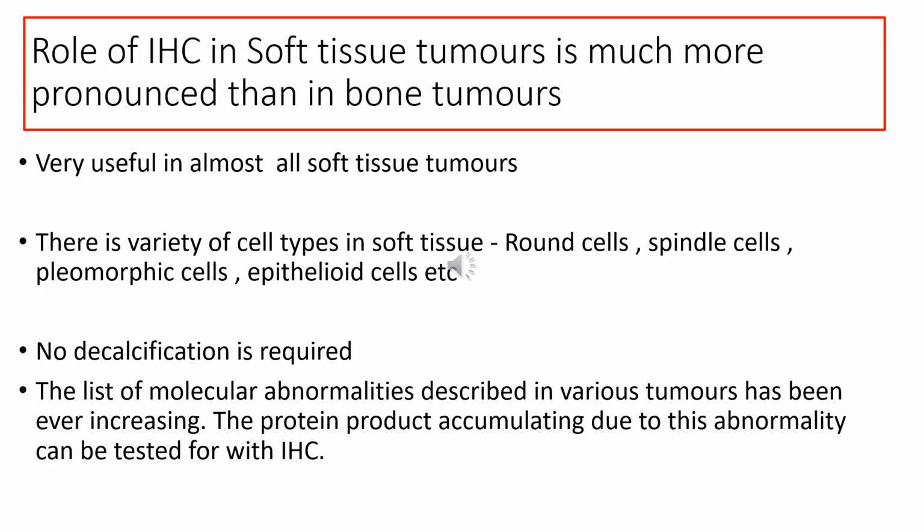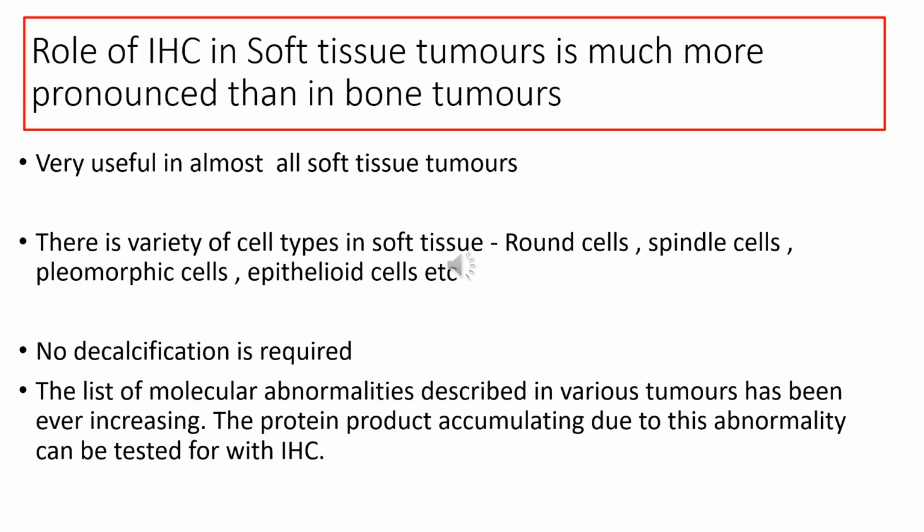Now, today the list of molecular abnormalities described in various tumors, especially the soft tissue tumors, has been ever increasing, and the protein product accumulating in the cell due to this abnormality can be tested with the help of immunohistochemistry.